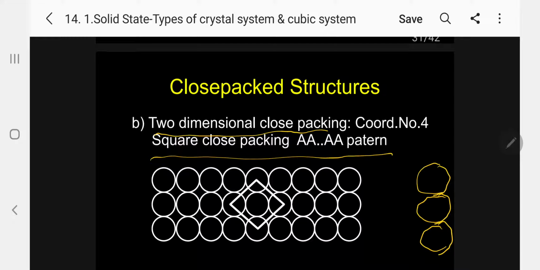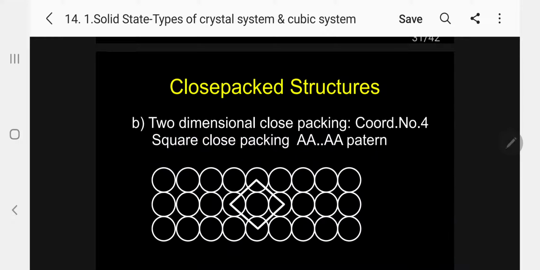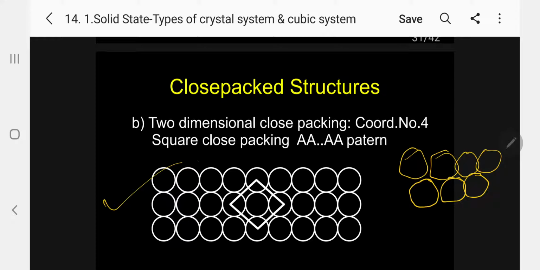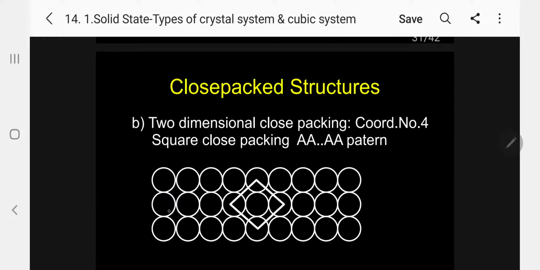Next we are going to study AB. This is the first layer, and the second layer comes in between it. That is the AB pattern. This is the difference. So this is the AA pattern, one below the other.